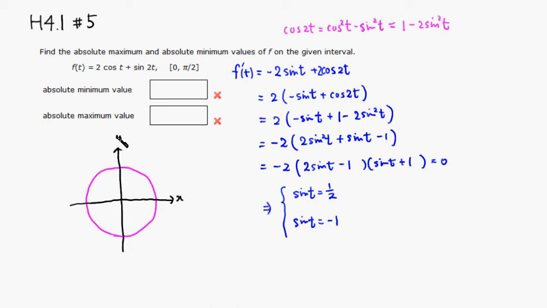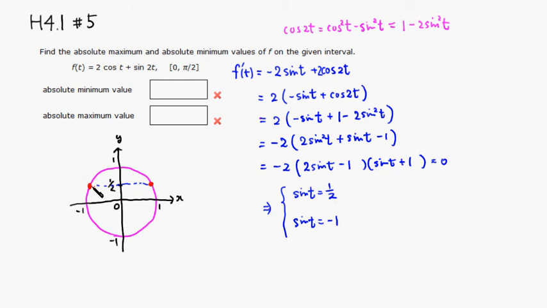Origin, 1, negative 1, 1, negative 1. Sine represents the y-coordinate of the point on the unit circle, so we want that to be 1/2. 1/2 is right here. The points we are looking for would be right here or right there. But remember the angle is from 0 to pi over 2.